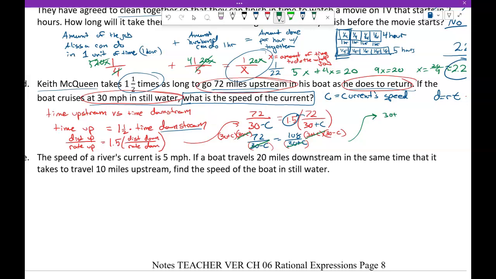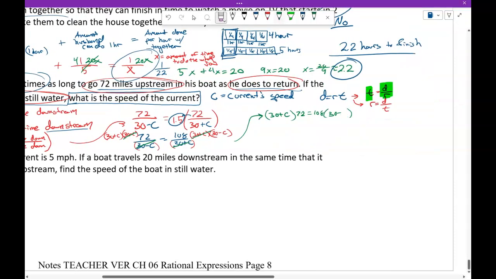So we have 30 plus c times 72 equals 108 times 30 minus c. We'll go ahead and distribute. Combine like terms.